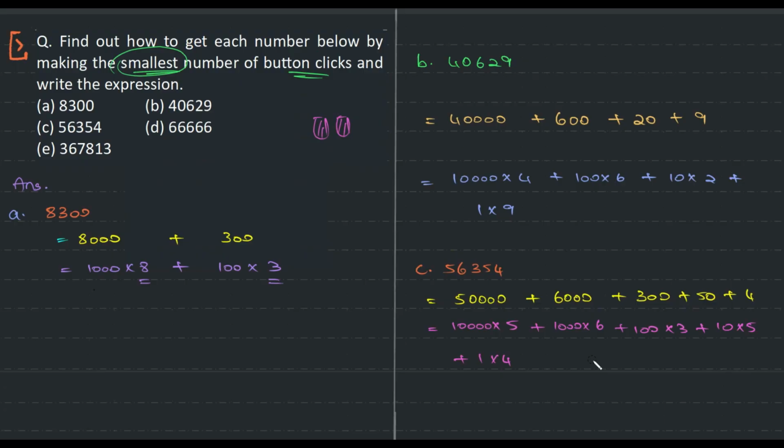So again, the fundamental thing over here is that the smallest number of clicks can be easily derived from considering each digit and where they are, as in 8 followed by 3 zeros, 300 is 3 and 2 zeros, so on and so forth. So 4 and 4 zeros, 6 and 2 zeros, 2 and 1 zero, so on and so forth.